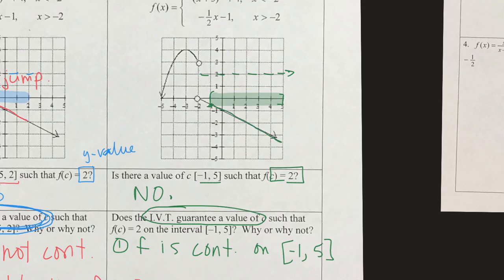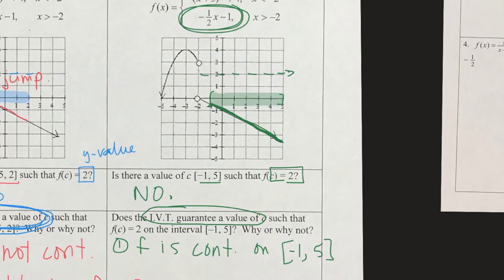Does this line that I'm tracing right now have any gaps or jumps or asymptotes? No, it does not. That function is 100% continuous from negative 1 to positive 5. We have a line. Lines are always continuous at all places, except for in this case at negative 2, because it's a piecewise function. So yes, our function is continuous. That has been met.